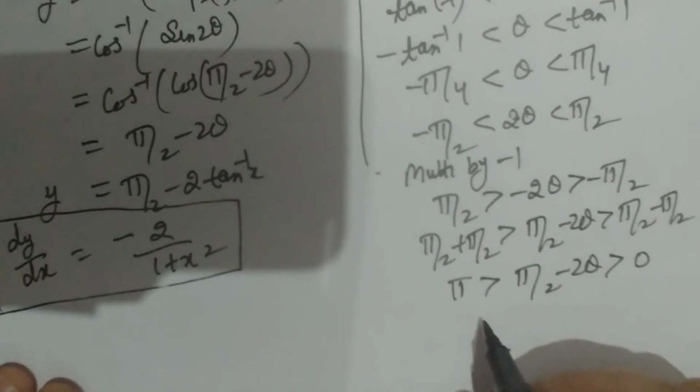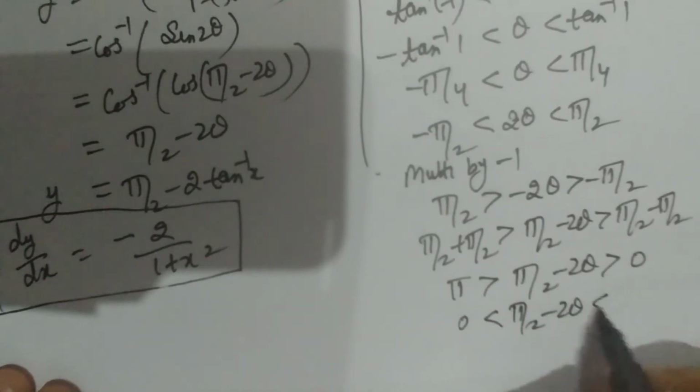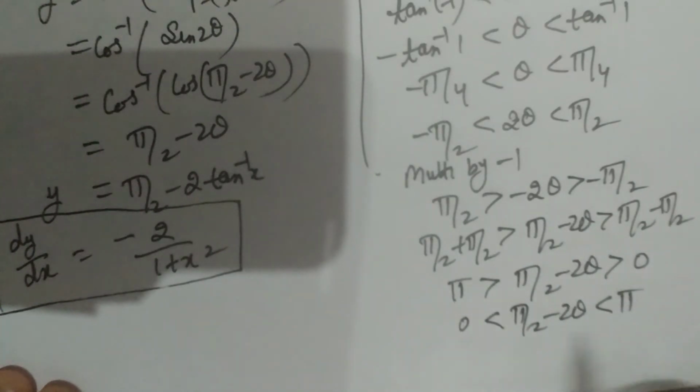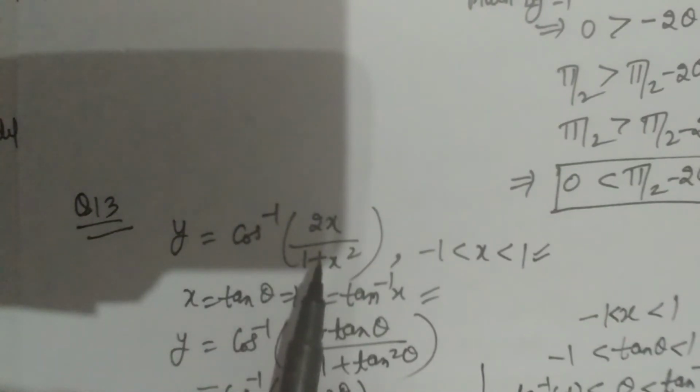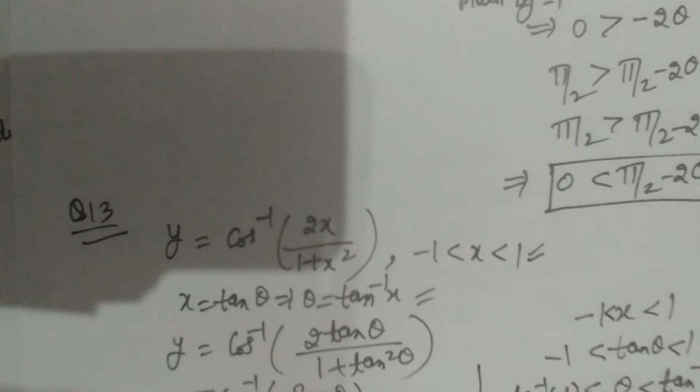So 0 is less than pi by 2 minus 2 theta, which is less than pi. So if you remember, from 0 to pi, this inverse trigonometric function will hold well. So there is no problem in its existence.